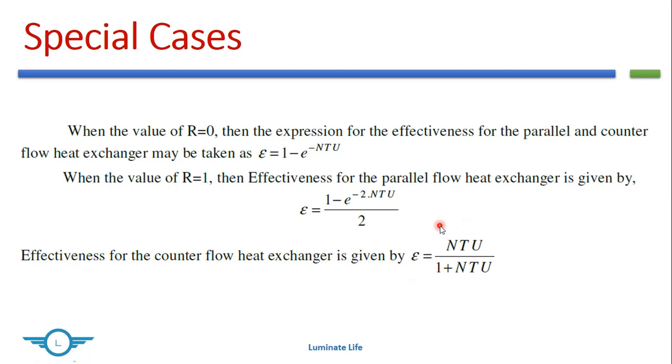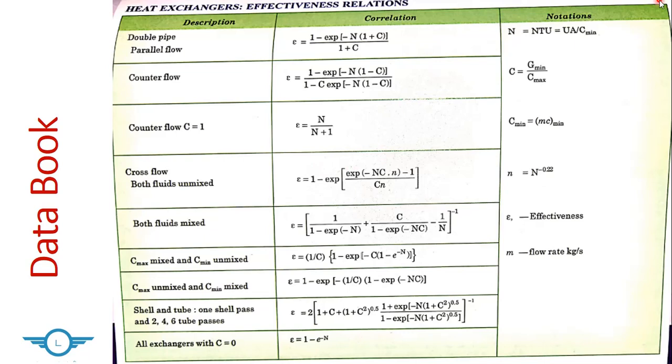Now you might be wondering how we will learn all these equations. There is no need to learn them by heart. These values are provided in your data book, so you can check the data book under heat exchangers. All these equations are provided, and the description is given here, which is a counterflow with C equal to 1. Here C is nothing but C min by C max. All the definitions are given here.